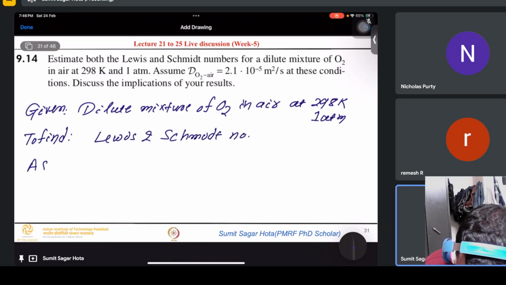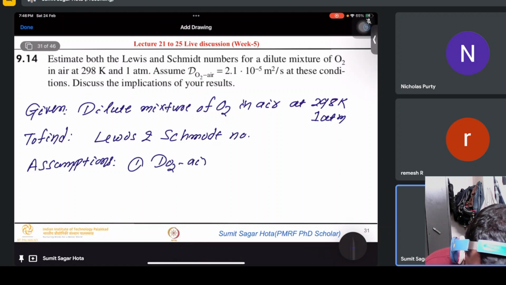What are the assumptions we can take? D of O2 in air is equal to 2.1 into 10 to the power minus 5 meter square per second.